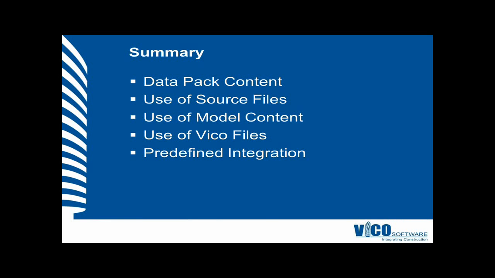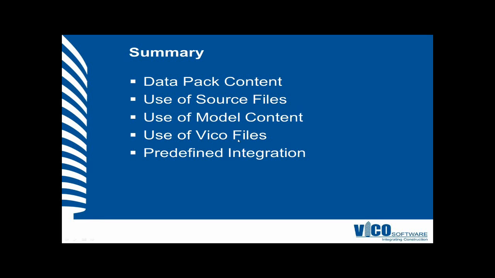So to summarize, we looked at the data pack content, which is 3 components: the source files, that's the Excel files, which you can use to modify the 5D data pack content, for example, change the coding or the descriptions or update unit prices. Then we looked at the model content, so that's the ArchiCAD and Revit model files.